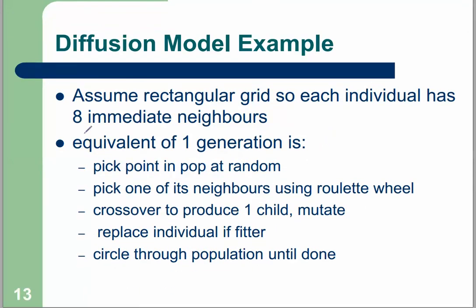The diffusion model is such that an element has, for example, 8 neighbors, and we select one of the neighbors and combine it with the center element, and the new element, or child, if it is better than the center, replaces the center.